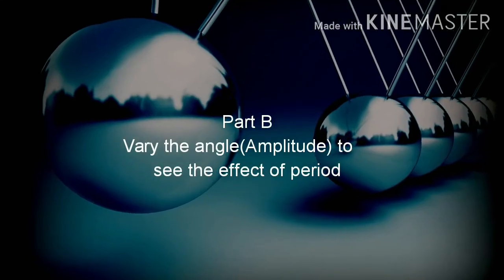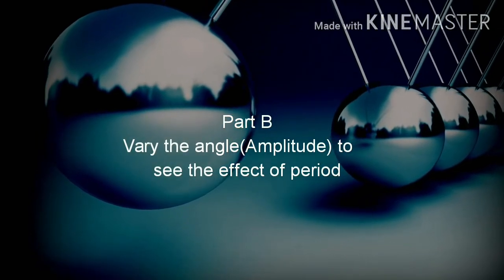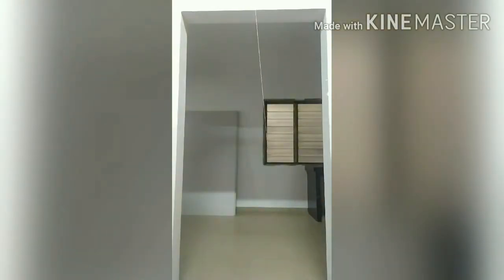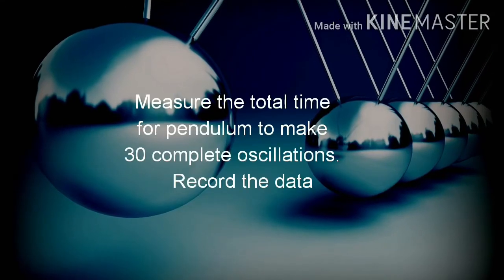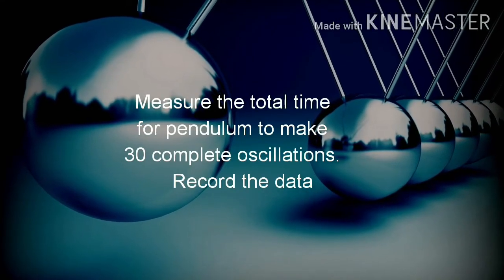Part B, amplitude versus period. Use a length of 1 meter and start with an angle of 5 degrees. Measure the total time for the pendulum to make 30 complete oscillations.